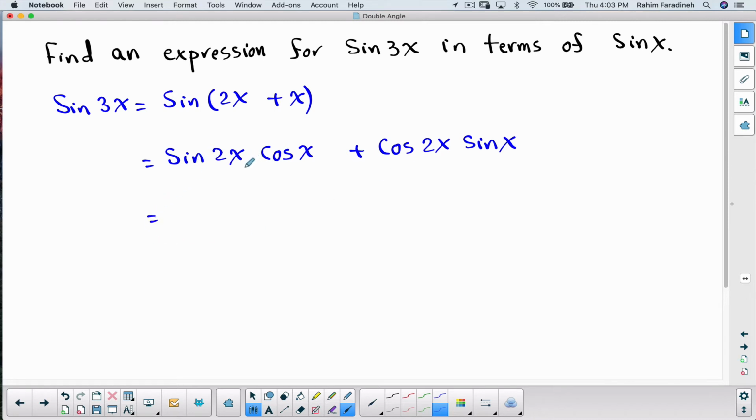Now sine 2x is 2 sine x cosine x, and cosine 2x, we had three options for that, but ultimately we want to be in terms of sine of x. So cosine of 2x, I'm going to write it as 1 minus 2 sine square x.